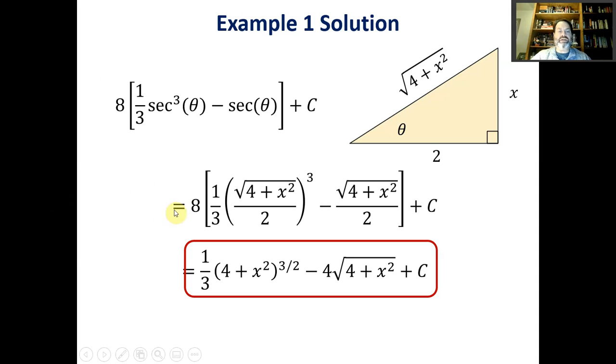The only other thing I did is distribute this 8 into here, and the 8 and the 2 cancel down to a 4. So this is a pretty typical problem of its type. There's 3 different types of problems you see in trig substitution. This is one of them.